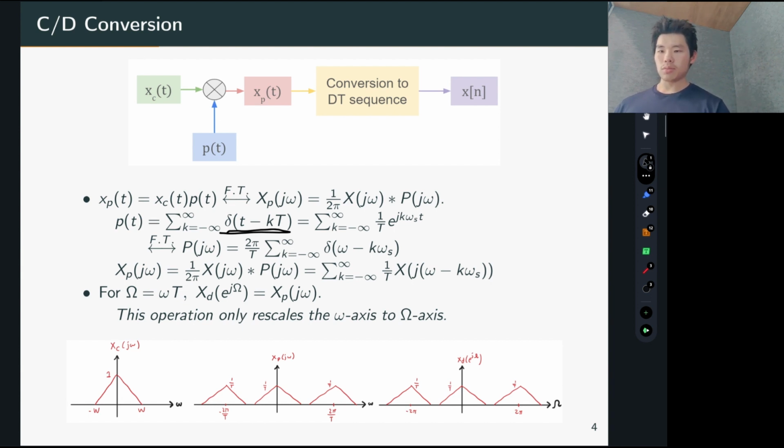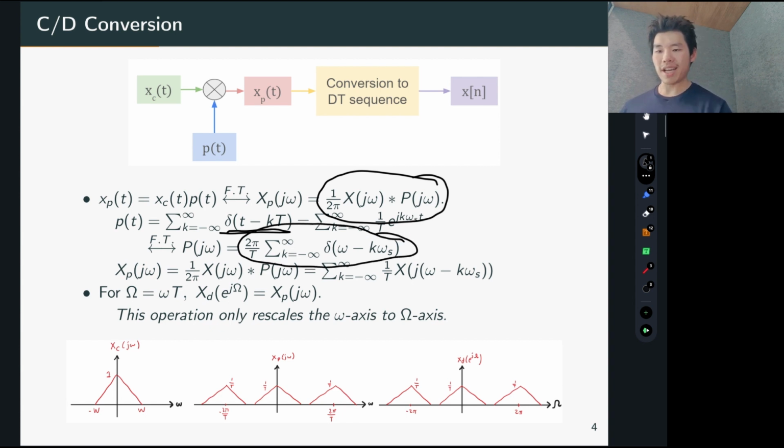To obtain the Fourier transform X_p(jω), you use the Fourier transform property that if you multiply in the time domain, you convolve in the frequency domain.